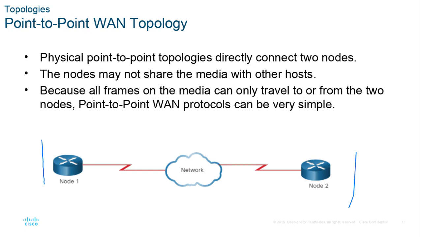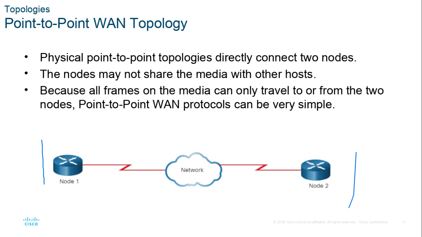Since it's a simple point-to-point topology, there's really not that much of a question of identity. Now, when we have a room full of 24 students in a classroom, we have to look at the 48-bit physical MAC addresses of each one of the computers to tell them apart. But in the simple leased link between two locations, there's just the router on the left in Fort Worth and the router on the right in Dallas.